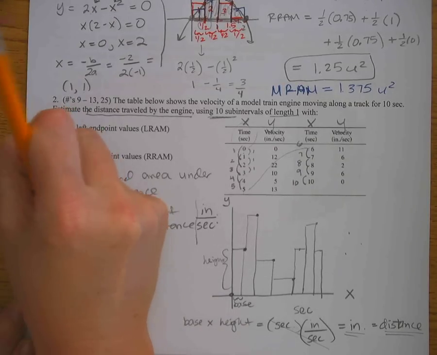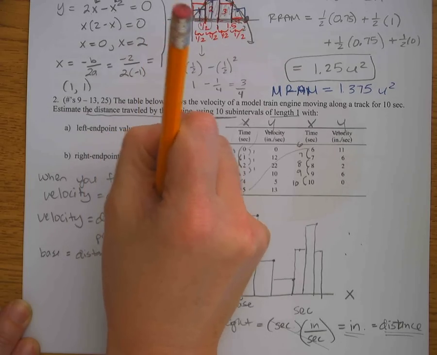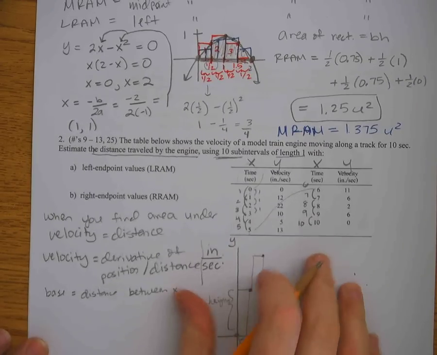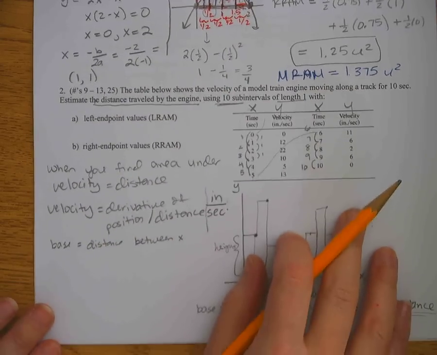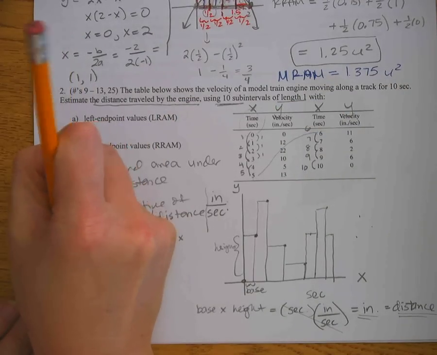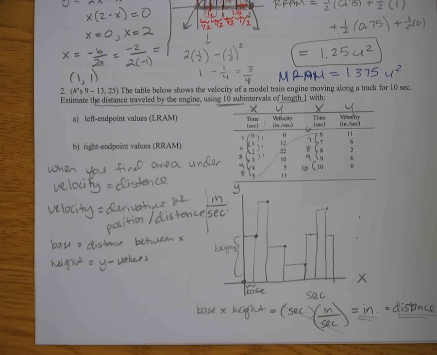So the base of the rectangle is the distance between x, just like it was up here in example 1. And then the heights are basically the y values. Our y values are our heights.